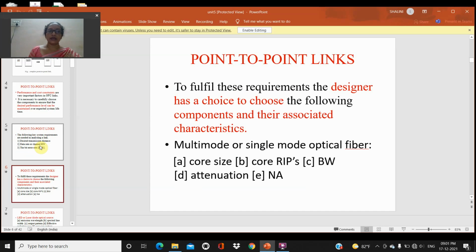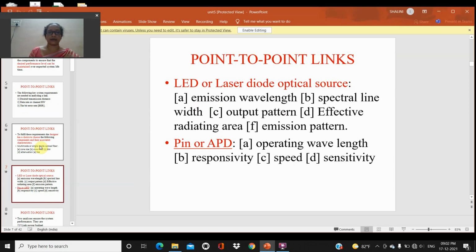To fulfill these requirements, the designer has a choice of the following components and their associated characteristics: multi-mode or single-mode optical fiber. For these fibers, the following factors should be taken into account: core size, core refractive index profile, bandwidth, attenuation, and numerical aperture.